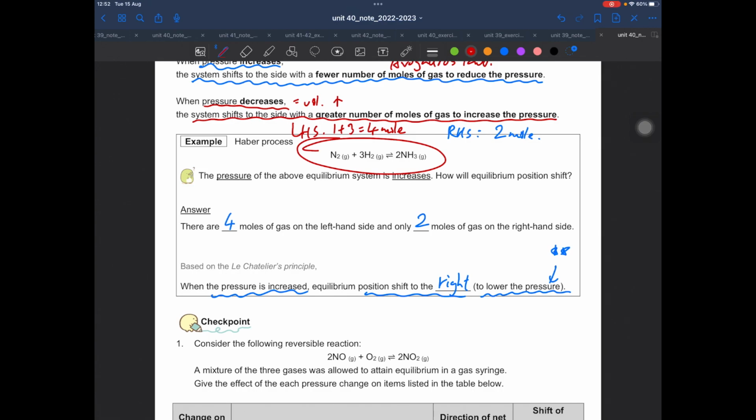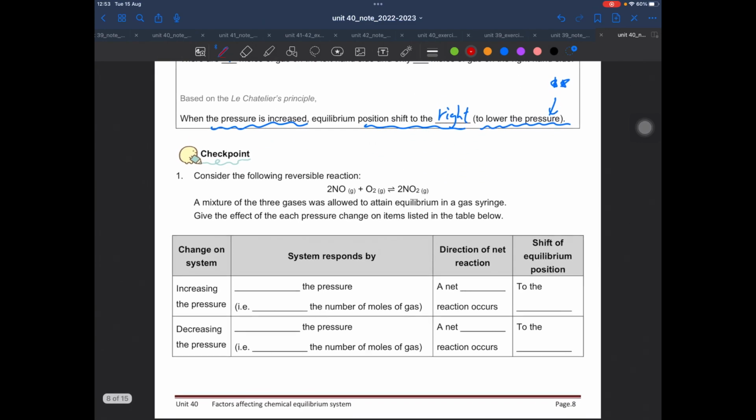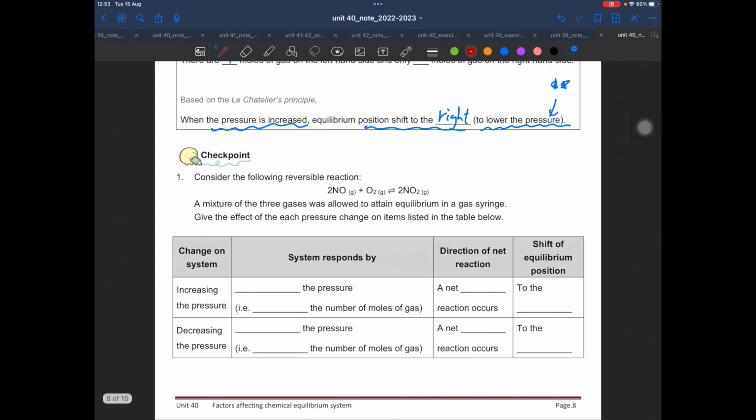So what if the number of moles of gas on the left hand side and right hand side are the same? What will be the result of changing pressure? Well, the answer is no effect.